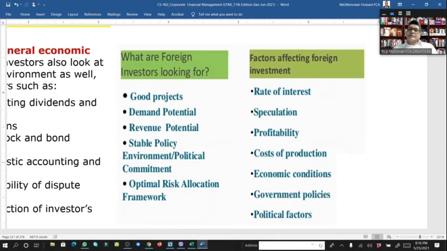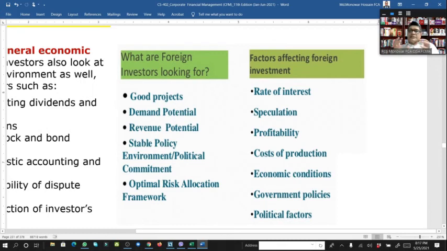For example, a company brings some amount as FDI for establishing a company. For example, they want to go for a $100 million project. So they bring 30%, that means $30 million, from their country to, for example, our country. 70% they have to take as a bank loan, because this is your loan and equity.